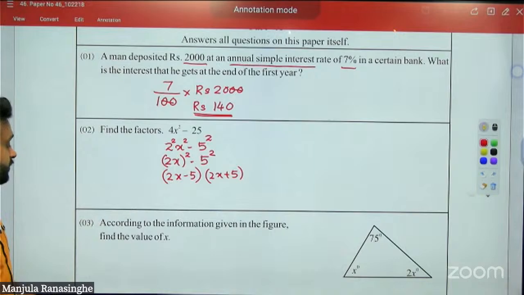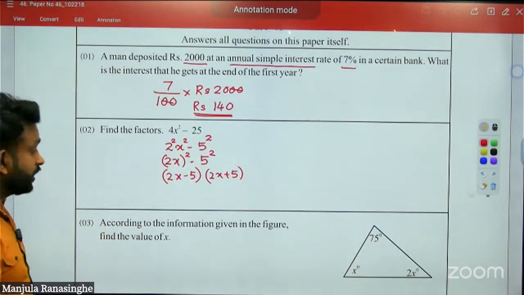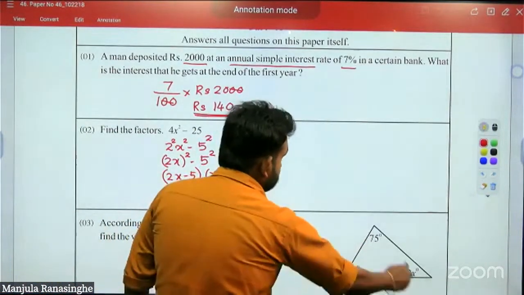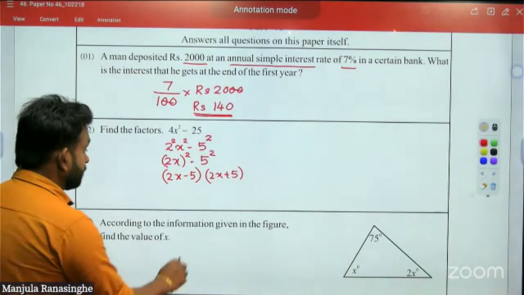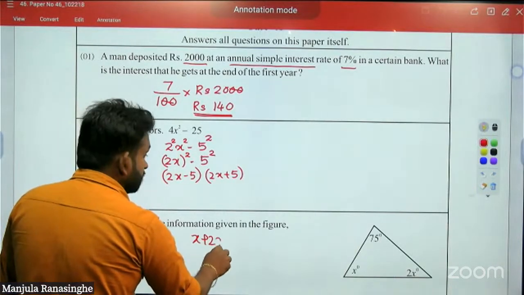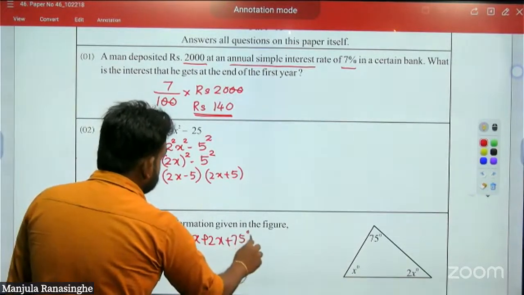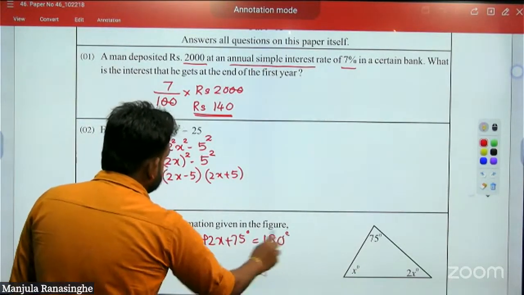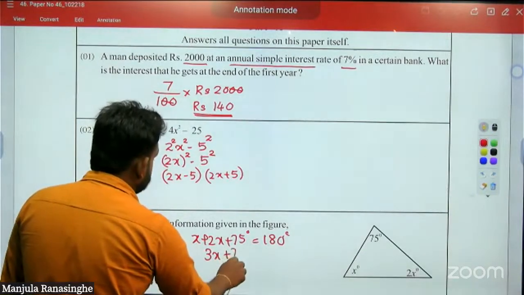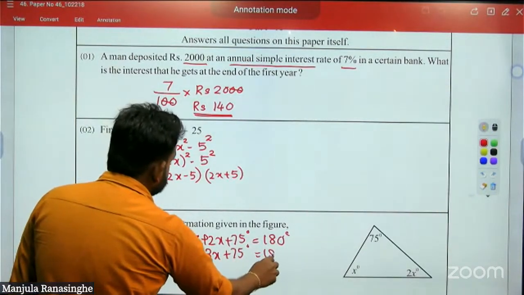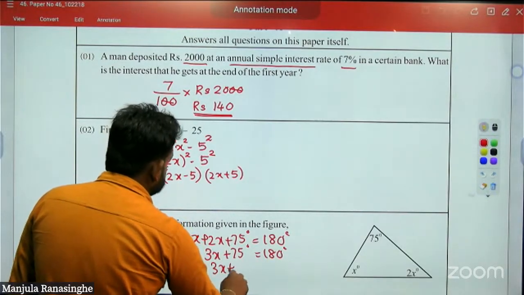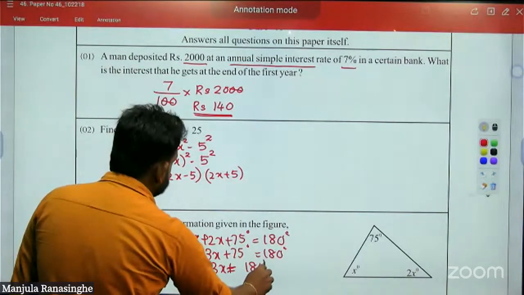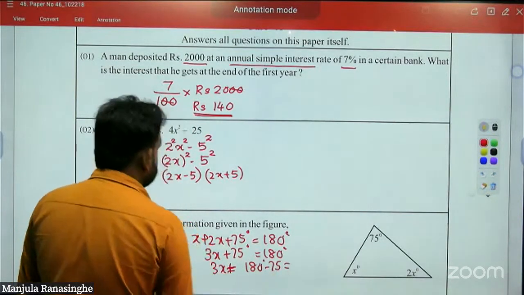Question number 3. According to the information given in the figure, find the value of x. Here is a triangle, so the interior angles add up to 180. So you write x plus 2x plus 75 degrees equals 180 degrees. Then x plus 2x means 3x plus 75 equals 180. Subtract 75 from both sides. Then 3x equals 180 minus 75, that means 105.